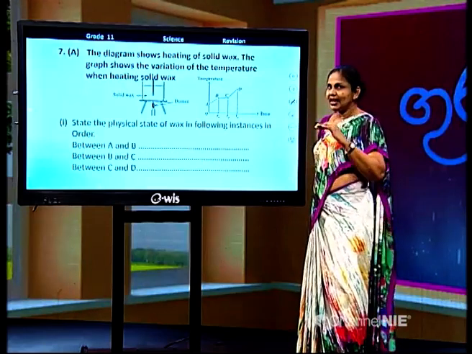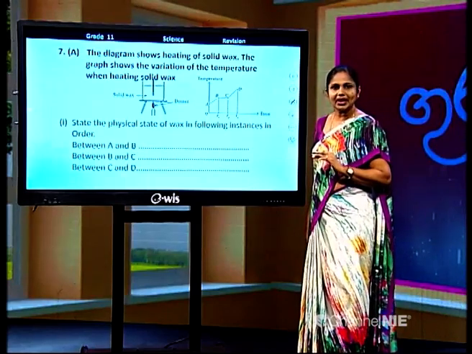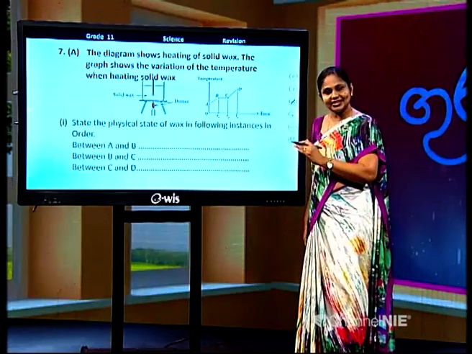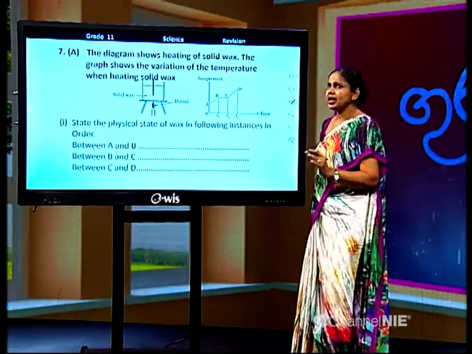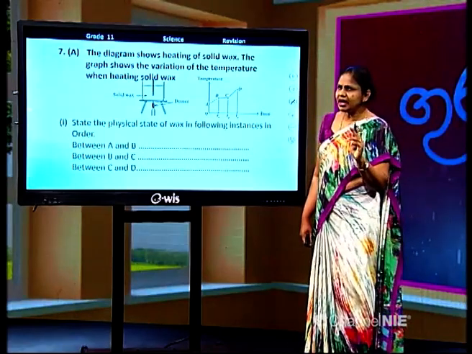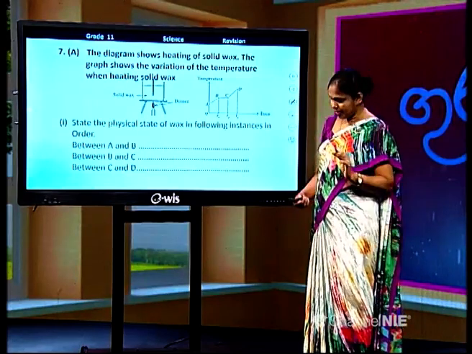That means this must be the melting point of wax. So at this time, wax starts to melt. Therefore, in between A and B, the physical state of wax must be solid state.